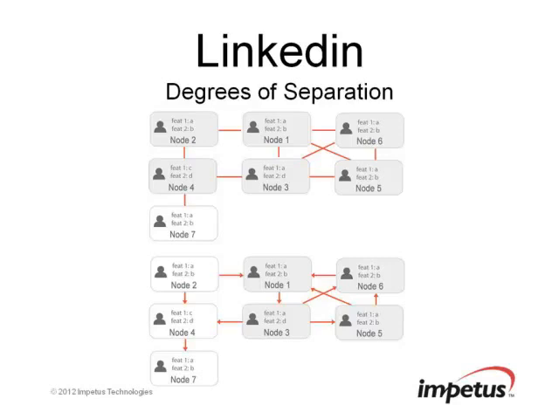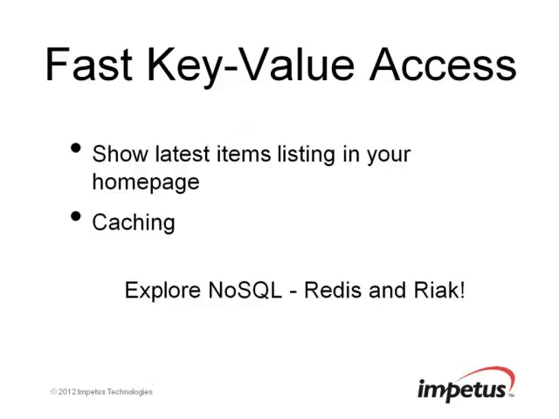So now I just want to move on and talk a little bit about another area where Hadoop, again, might not be very effective. There are a lot of instances where we need fast, key-based access. And in these cases where you need that fast access, going for a NoSQL solution makes the most sense.